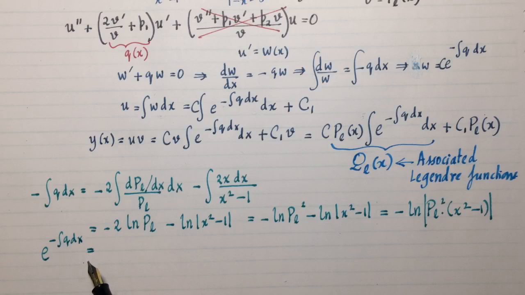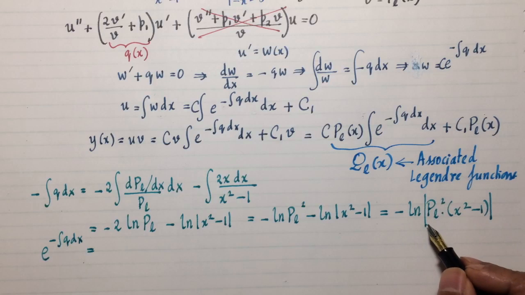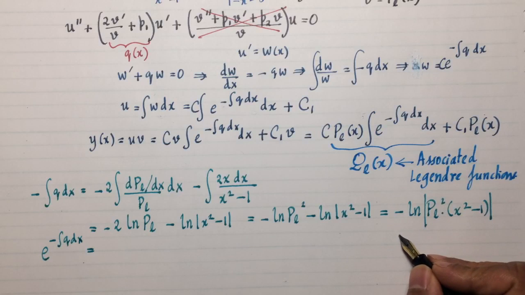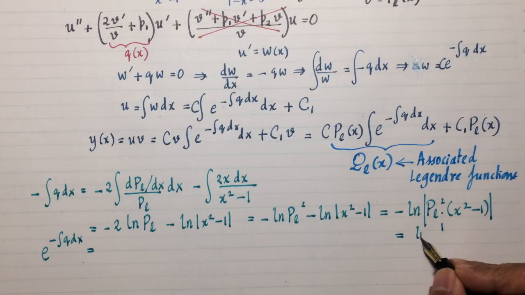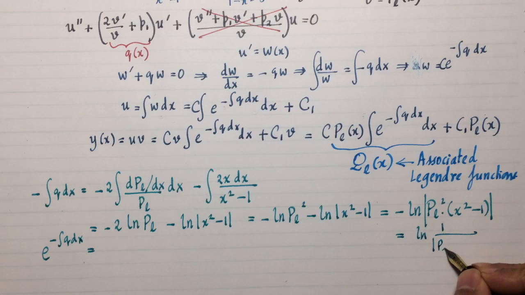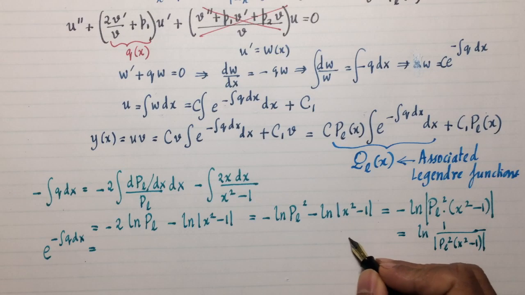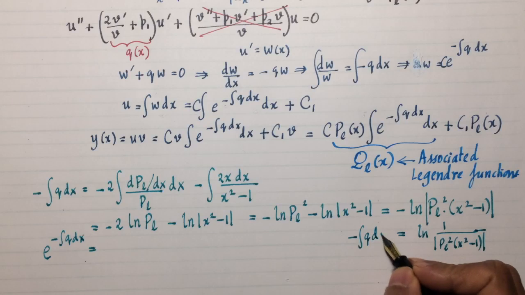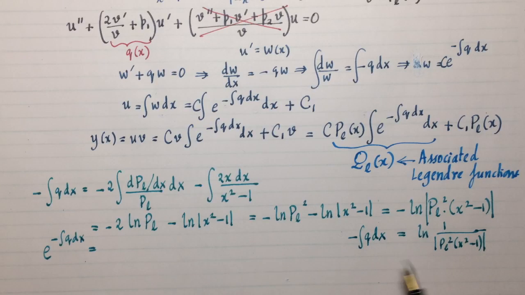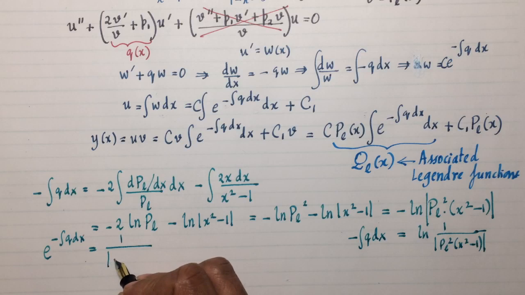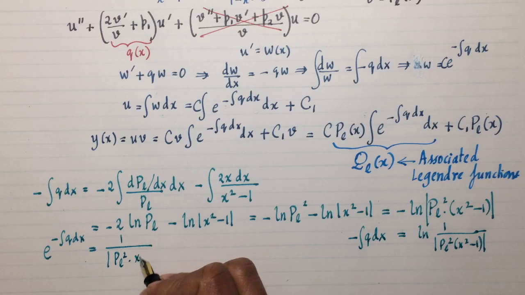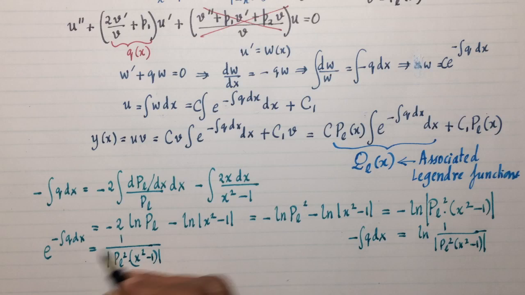Maybe I can write one more step before I do that. So this could be written as natural log of 1 divided by PL squared times x squared minus 1. And all that is equal to negative integral q dx. Now raising both sides to the power e, I'm going to get 1 over absolute value of PL squared times x squared minus 1. So that's our integral.